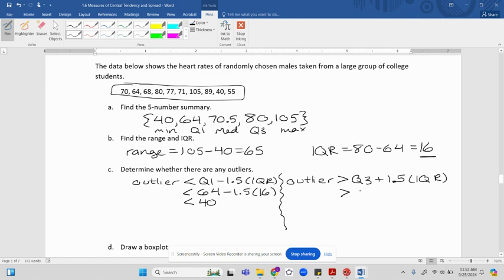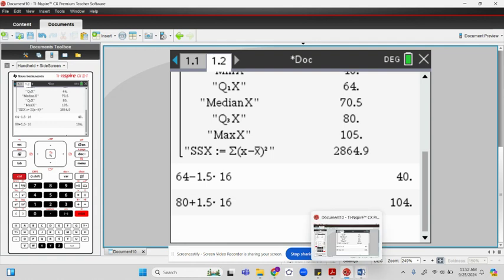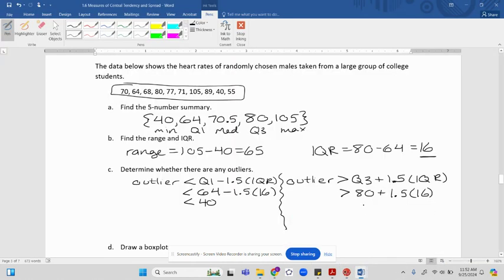So an outlier is anything that's greater than Q3, which is 80, plus 1.5 times the IQR, which was 16. If you type that into your calculator, 80 plus 1.5 times 16, we get 104. So an outlier is any value that is greater than 104.